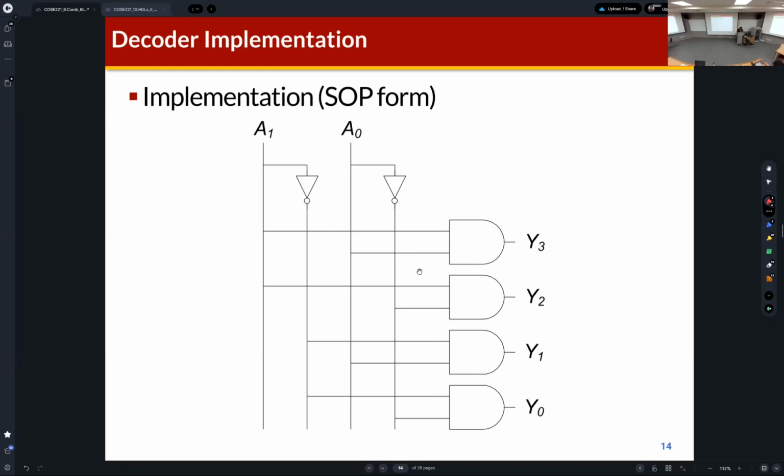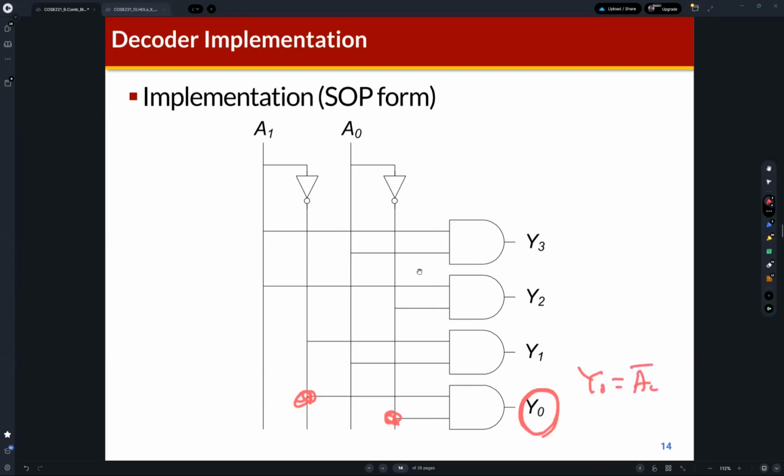If we look at the output, Y0 is connected to not A1 and not A0, which means Y0 equals not A0 and not A1. If A0 is 0 and A1 is 0, Y0 becomes 1. In the same way, we can also implement Y1, Y2, Y3.